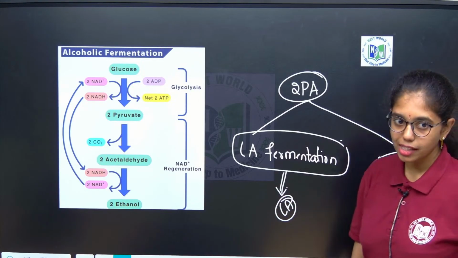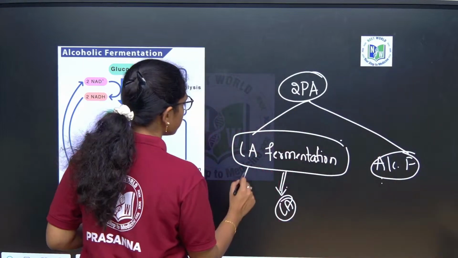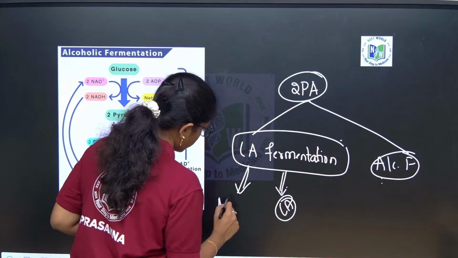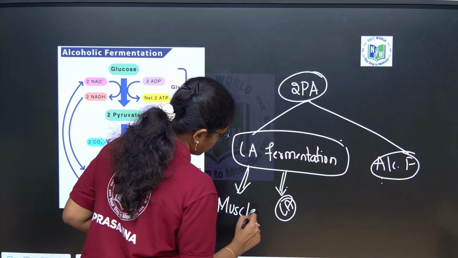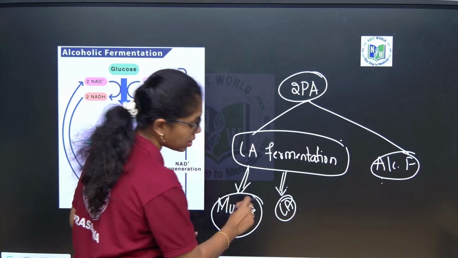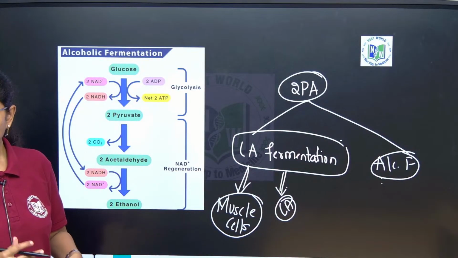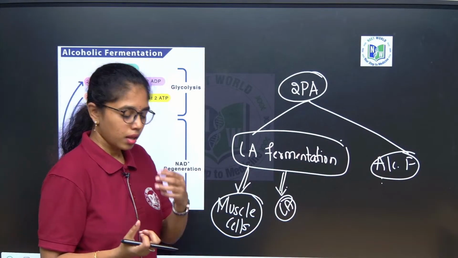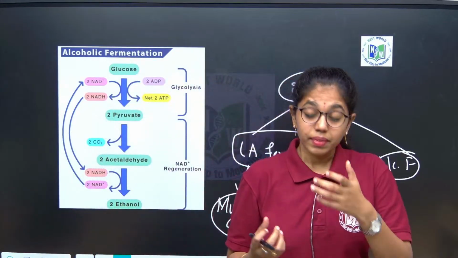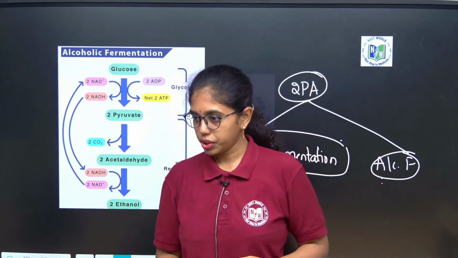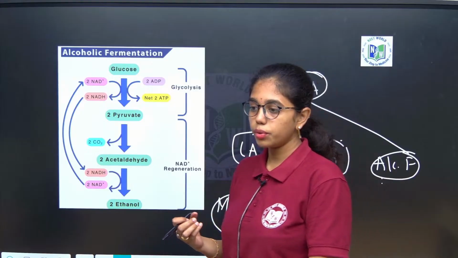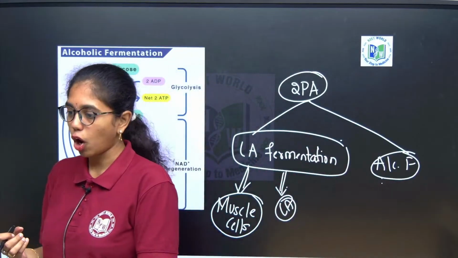At the end of lactic acid fermentation, only lactic acid is formed. And in eukaryotic cells also, like the muscle cells of eukaryotes, whenever we do vigorous exercise, the cells will demand high oxygen.